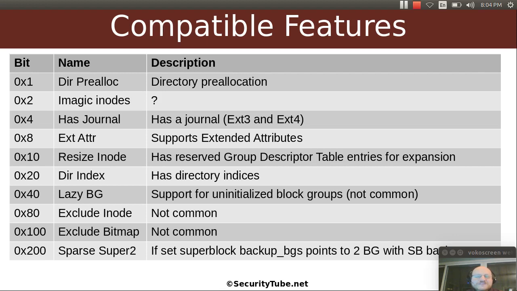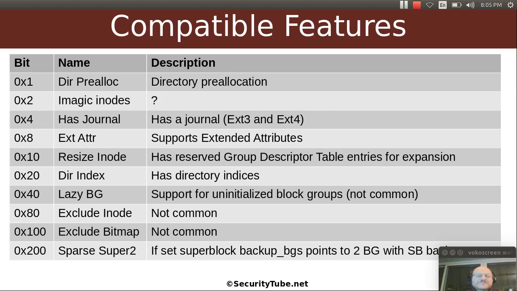There's the dir_index feature. Do your directories have indices? There's the lazy block group feature. So what is that all about? If you look in the Windows world, sometimes you have the option to do a quick format. This is similar, where when you make a file system, you can get away with not initializing all of the block groups. So if you have this feature enabled, then you can have non-zeroed block groups.